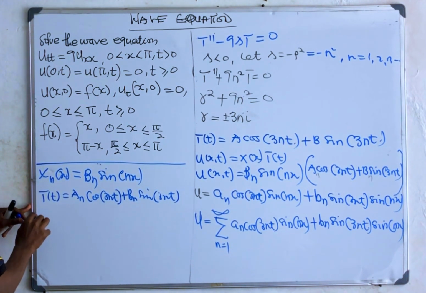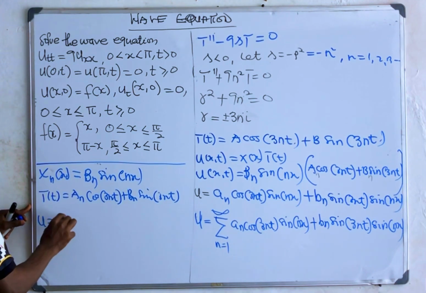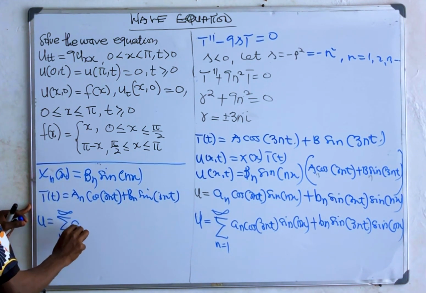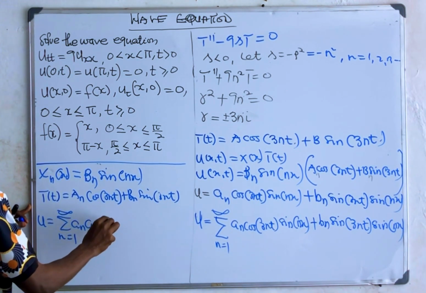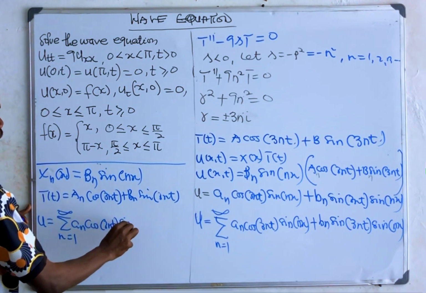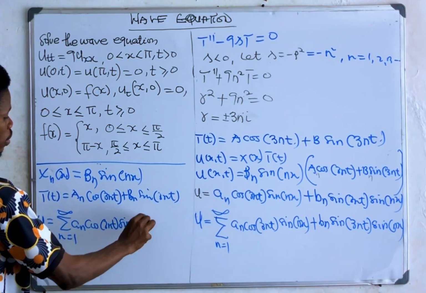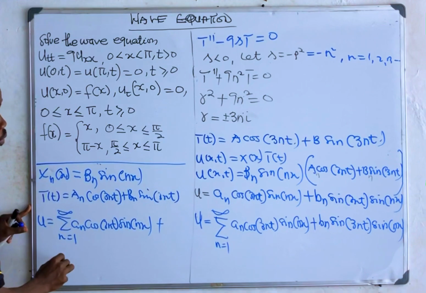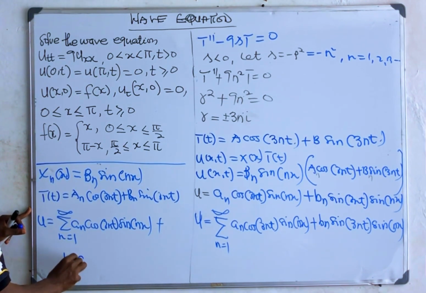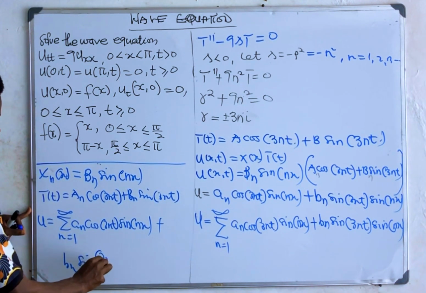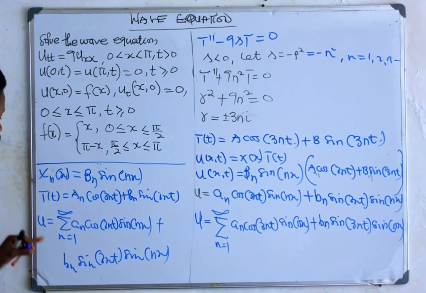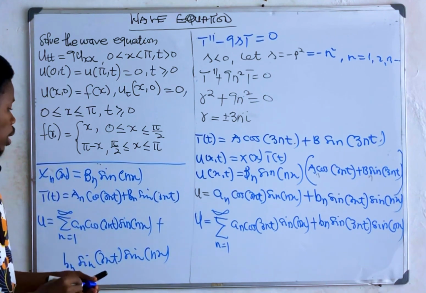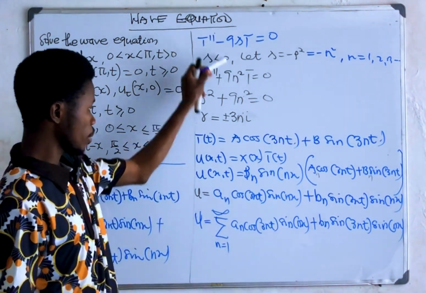Then my u itself, I'm having summation n equals 1 to infinity an cos 3nt sine nx plus bn sine 3nt sine nx. So this is what we have. Okay, good. Now let me clean this side.